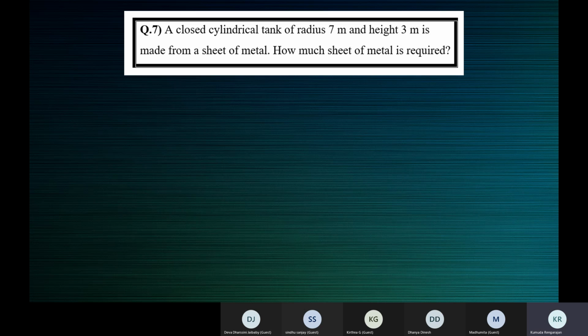What makes the body of the tank? The curved surface area, the area of the circle at the bottom, and the area of the circle at the top. So you need to find the total surface area to find the amount of metal sheet required. So you just have to find the TSA.